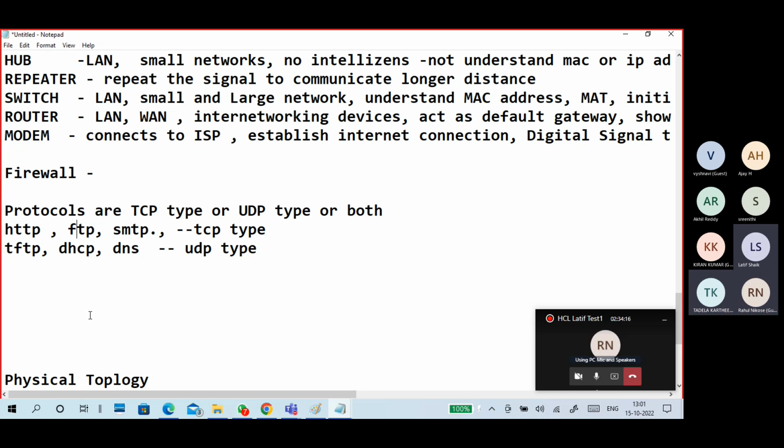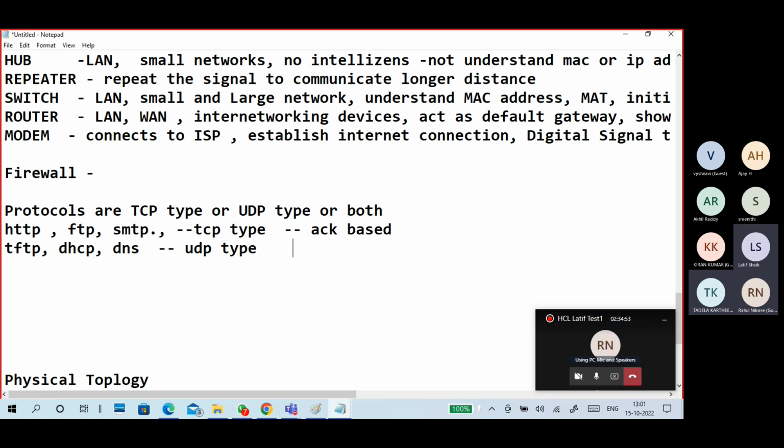The behavior of the FTP protocol is TCP-like, acknowledgement based. Whenever you send a packet, the destination receives it and gives you an acknowledgement. If you receive the acknowledgement, the destination received the packet. If you didn't receive it, you understand the destination did not receive it and you have to send it again.